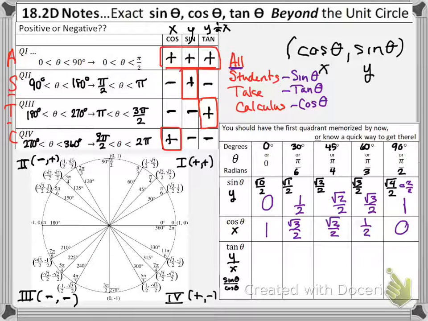We have 0 over 1. We have 1/2 divided by root 3 over 2. We have root 2 over 2 divided by root 2 over 2. We have root 3 over 2 divided by 1/2. We have 1 divided by 0. Zero over 1, and that's 0. Remember the little shortcut I said yesterday?